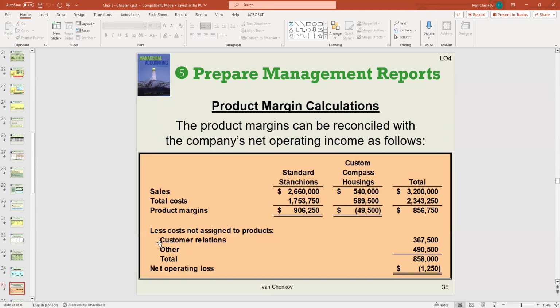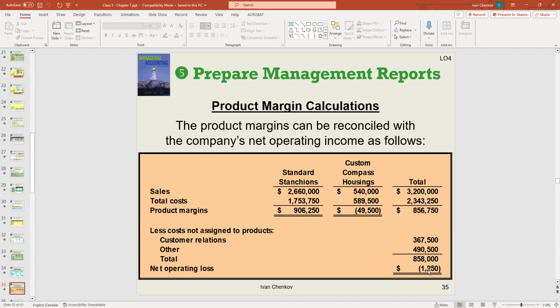What's left? The customer relationship, which we're not allocating to those because it relates only to the customers. We're going to treat it as a period cost. And other in our calculation, 490,500 is other period cost. And as you can see, we haven't changed the net profit or loss.